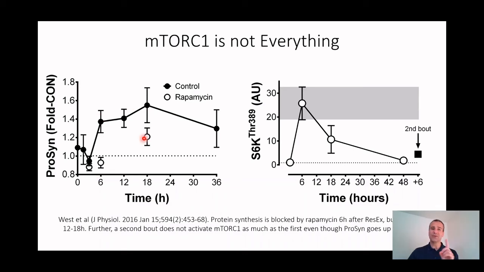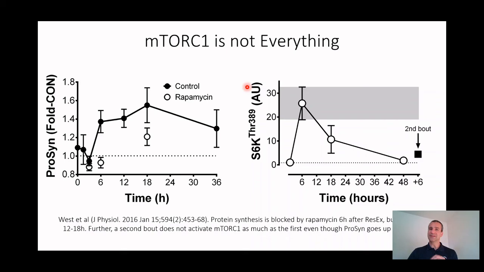Interestingly, though, if you look at 18 hours, the increase from here to here is the same as the increase from here to here. What that's telling us is that at 18 hours, there's some sort of rapamycin-resistant activity. And a Japanese group showed recently that this is due to mTOR complex 2 activity.